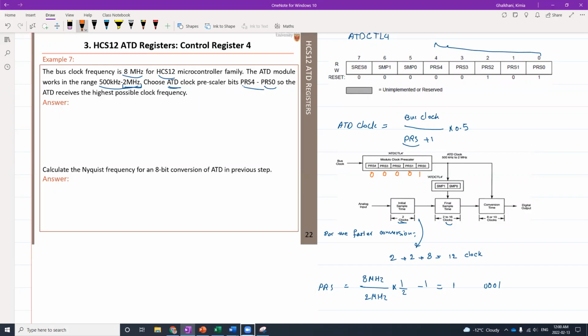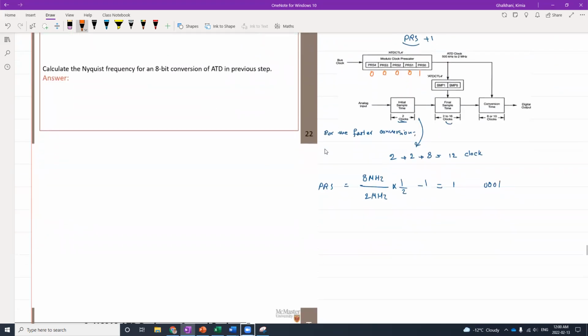Now, if the analog to digital works at 2 megahertz, the total conversion time, you can calculate it like this. Right? So you can say the 12 clock, we have already 12 clock, times the sampling time. What is the sampling time? 1 over the frequency, and frequency is 2 megahertz.